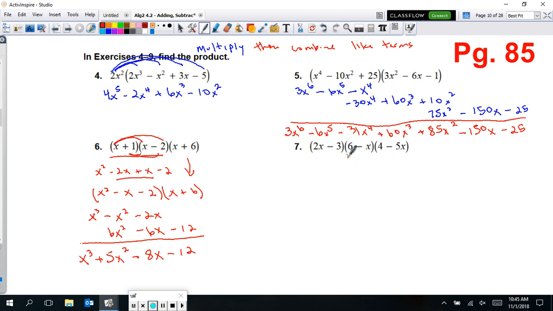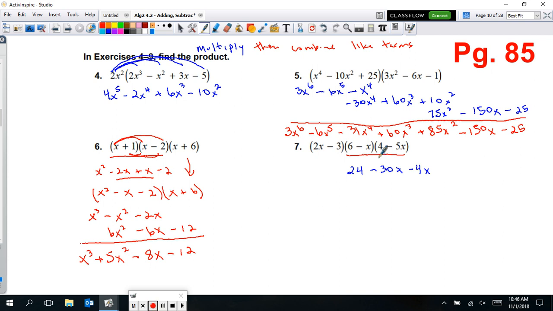Number 7, I'm going to start with these two just so you can see that we could start either way. It doesn't matter. Let's go back to a different color. So if I start with these two and do FOIL, I do 6 times 4, I get a 24 there. 6 times negative 5, that's going to be negative 30x. Inside here, that's going to give me a negative 4x.